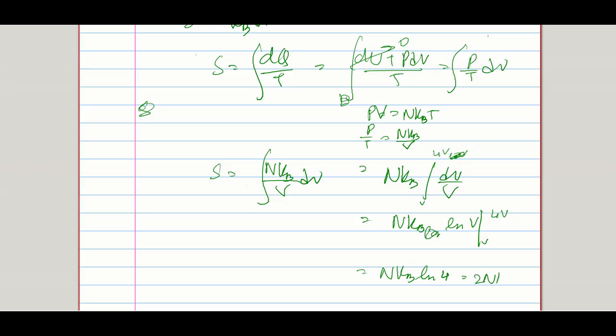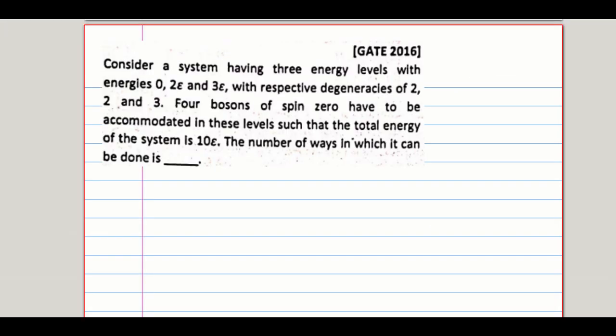This is again N Kb ln 2. Why? This 4 we can write as 2 to the power 2. This 2 will go outside ln, so 2 N Kb ln 2, right? So the coefficient we need to find is this 2. Basically 2 is the answer to this question.